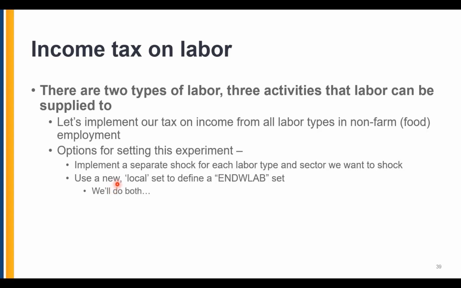Or we could do something different and do some kind of a new local set that said, let's treat labor as its own subset of all the primary factors. And since I want them to both have the same target tax rate of 2%, if I could write that as a single shock and have GTAP or RunGTAP understand it and just go and do that, it would be much easier for me to look at, easier for me to implement, and just more convenient, especially if I have a long list of shocks.